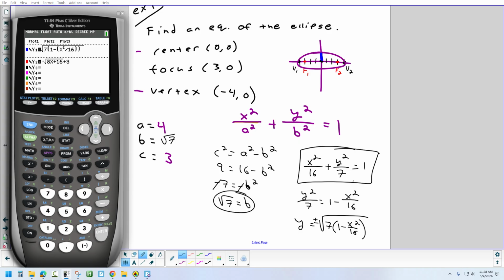I think that looks right. And I could type the same thing in with a negative, or I can just do the negative of y1, and it saves me a little time. Okay, let's do zoom 6 and see what we've got.